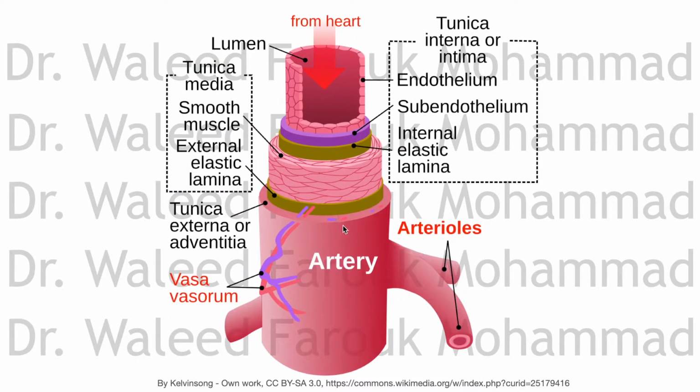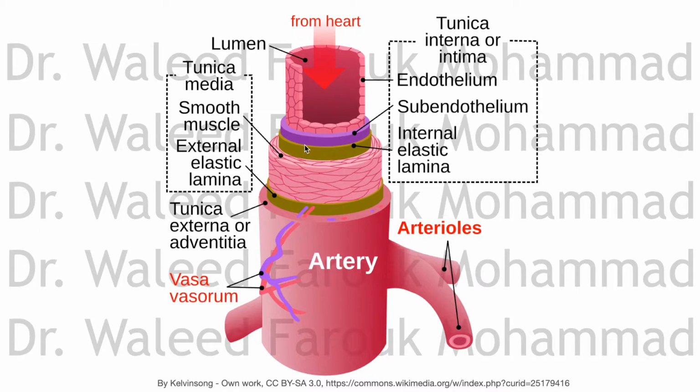This is another drawing to show you the structure of an artery. The tunica externa at the outside, then a lamina as a basement membrane for the smooth muscles of the tunica media. The lamina is like a membrane of elastic fibers surrounding the smooth muscle layer, the tunica media.